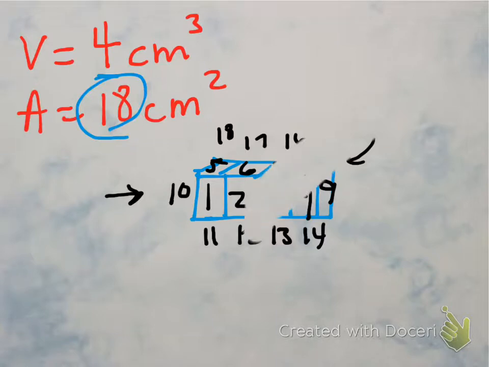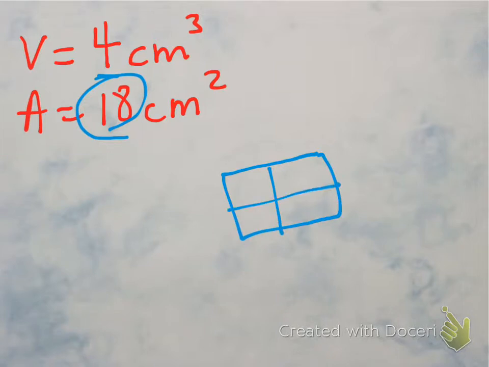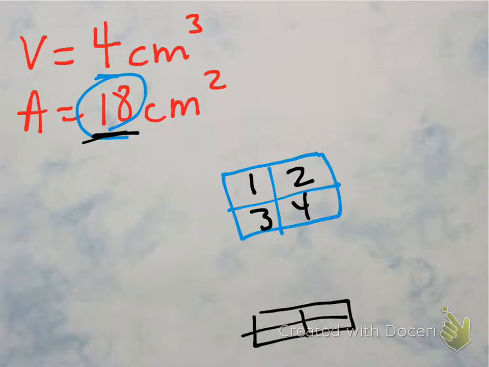Remember, when you use objects, you can rearrange them. What if we use them like this? This is a top view. Imagine these are 4 cubes placed like this, representing the volume. Then we count the faces to see if it gives us 18. 1, 2, 3, 4 on the top, and at the bottom 4 more, 5, 6, 7, 8.